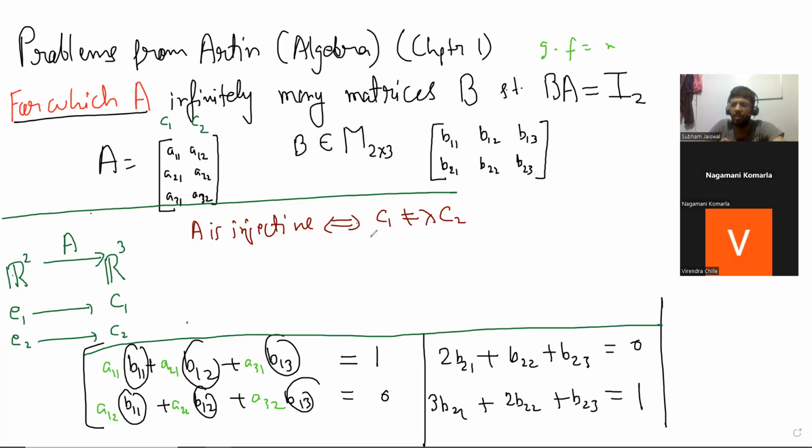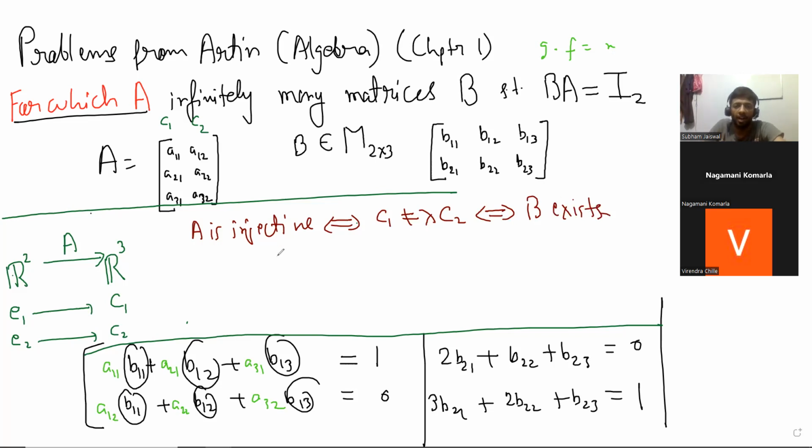If you can see that it's good, otherwise you should do that for homework. So now A is injective if and only if this happens. Now we know that this is if and only if B exists. We did this just now.